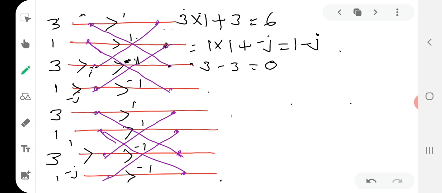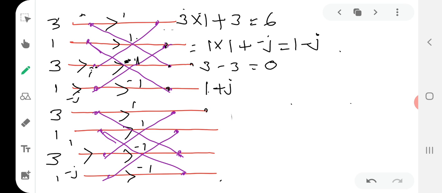Okay, and in the next case, at this point, what are the points coming? 1 is from here, that is 1 into 1, 1, and 1 is from here, that is minus j into minus 1, that is plus j, we can write it as 1 plus j.